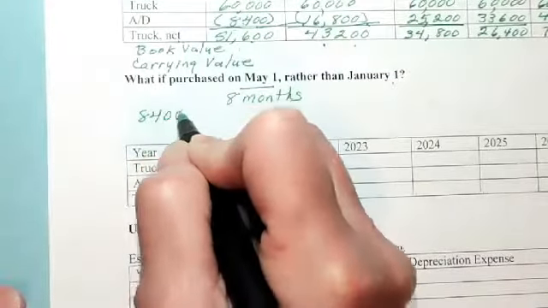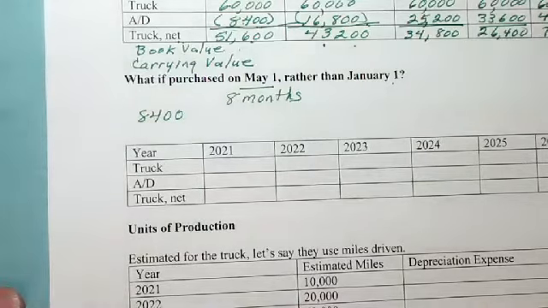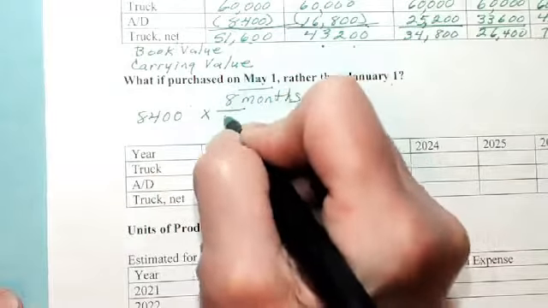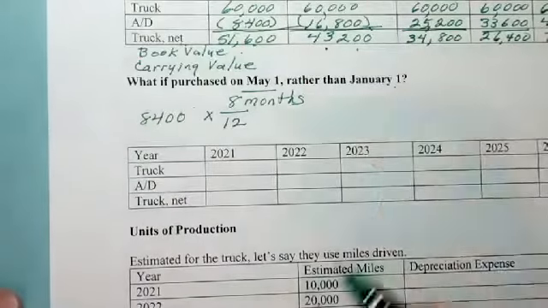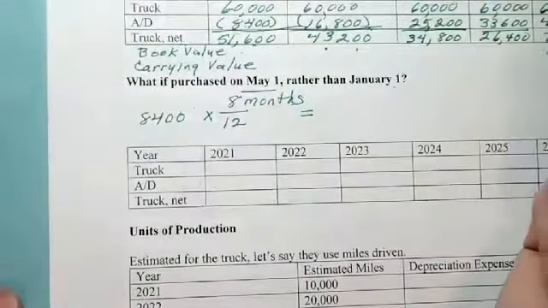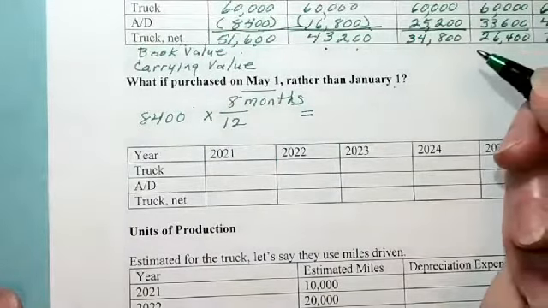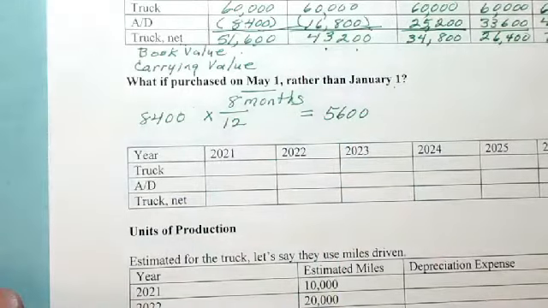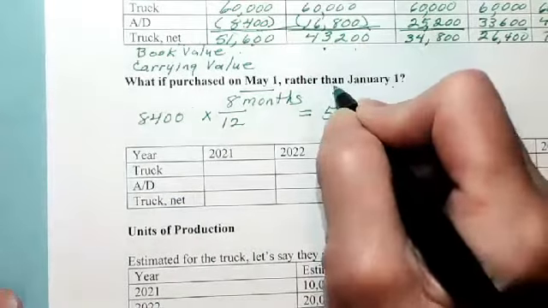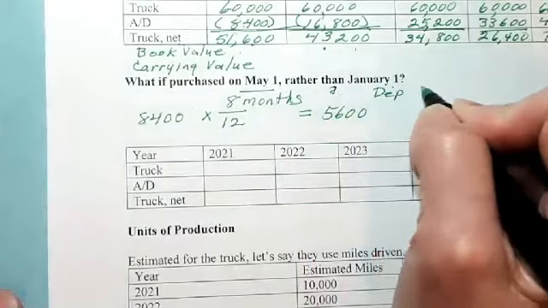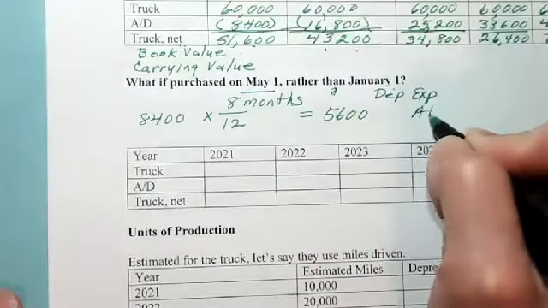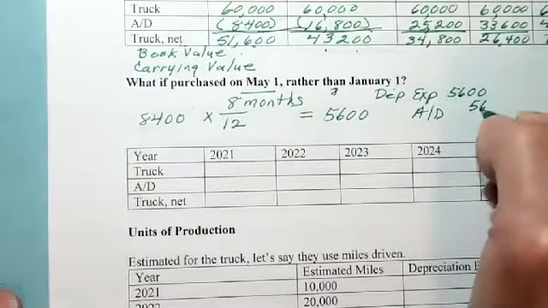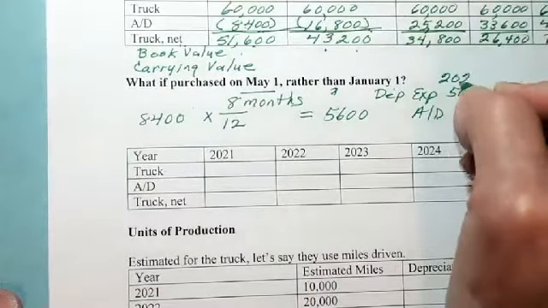Still go ahead and you take your 60,000 minus the 18, but we have 8,400 per year. We only have it 8 out of 12 months. So in that first year, we only do 5,600 for our adjusting journal entry. We're still going to do depreciation expense and accumulated depreciation, but just for 5,600 in 2021.